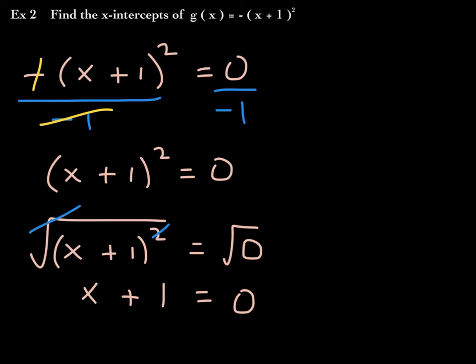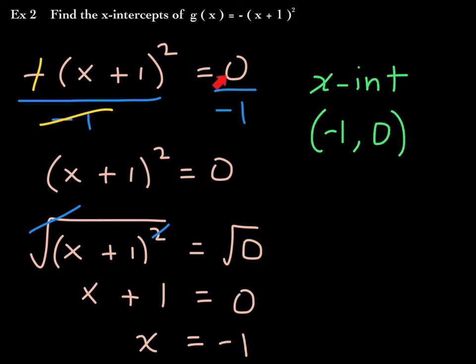Now, once I subtract 1 from both sides, I get x is equal to -1. Notice you only have one solution for x. What does that mean as far as x-intercepts are concerned? It means you only have one x-intercept. The x-intercept is (-1, 0). Don't forget that you let y, or your function value g of x, be 0 in the beginning. So that's that 0 there.